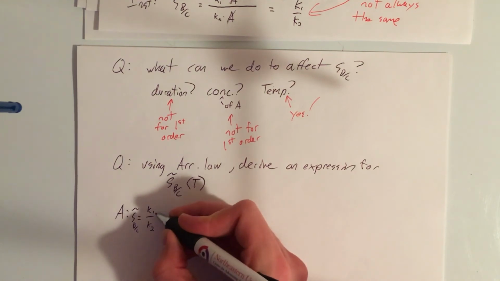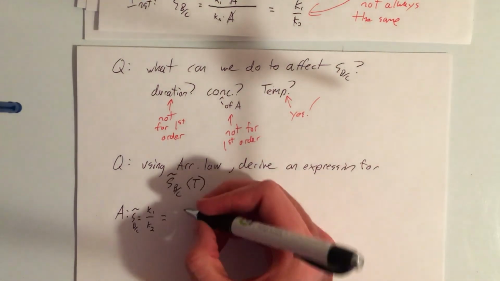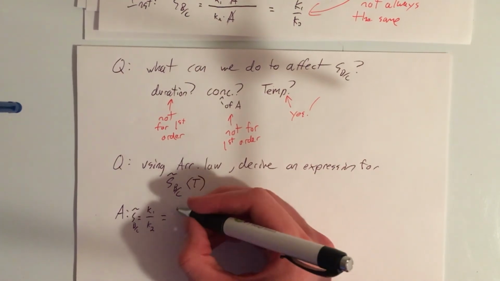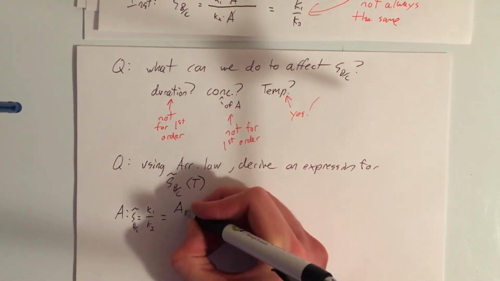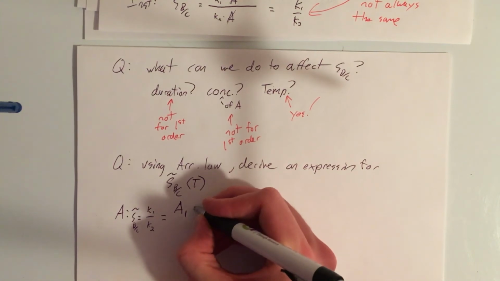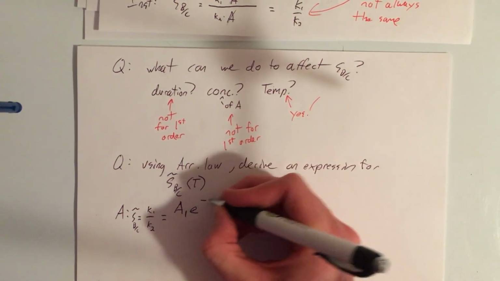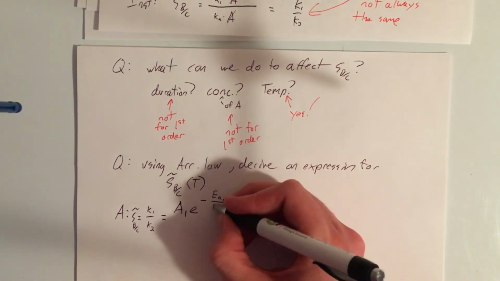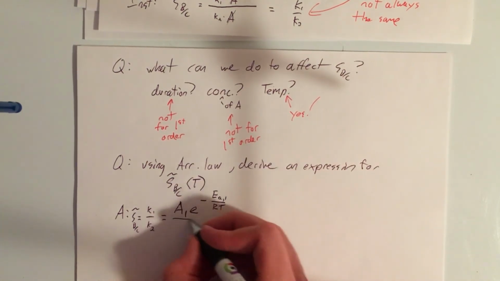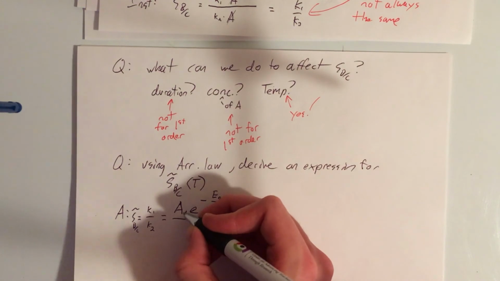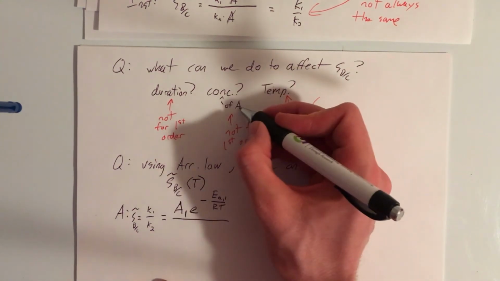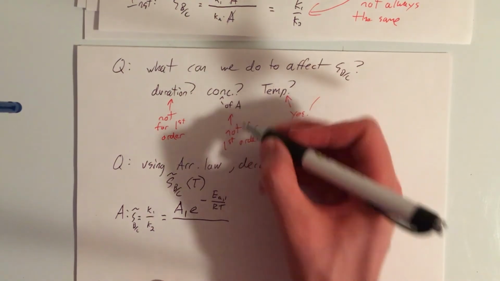And we can just substitute in the Arrhenius law for each of these Ks. So we'll make distinctions between the pre-exponential factors: A1 times e to the minus activation energy for 1 over RT. We'll keep in mind that this A1, this A, is not the concentration of our reagent A or anything like that.